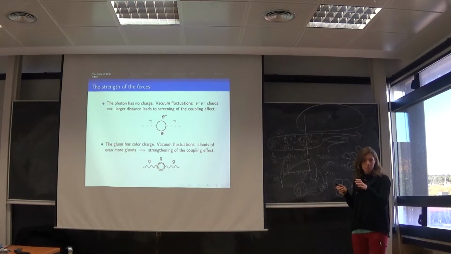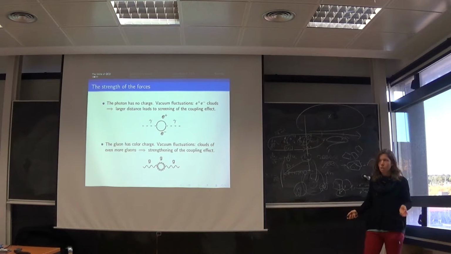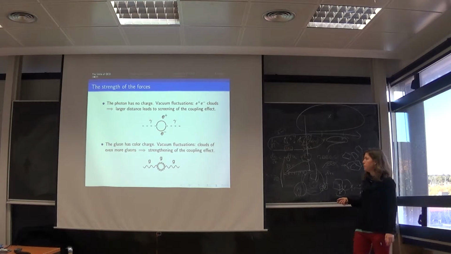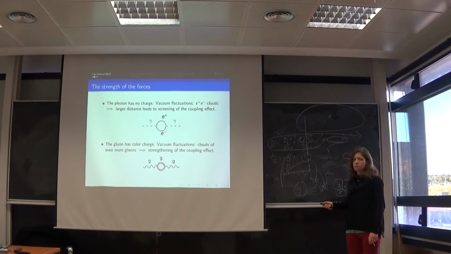This cloud of charged particles will screen off the effect of the initial protons that we were looking at. So that's how we imagine that if the distance is further, there will be more screening particles in the middle, and therefore the strength of the electromagnetic interaction grows weaker. This is very intuitive because, as we know, if two charges are far away from each other, the strength they feel between each other will be smaller. So why is that not like this in the strong force?